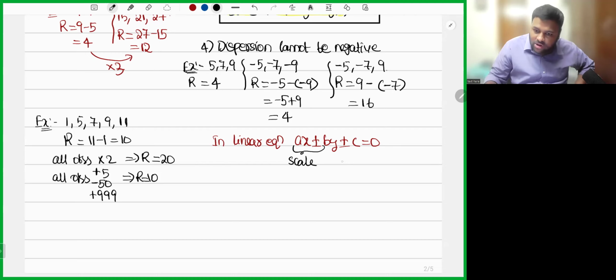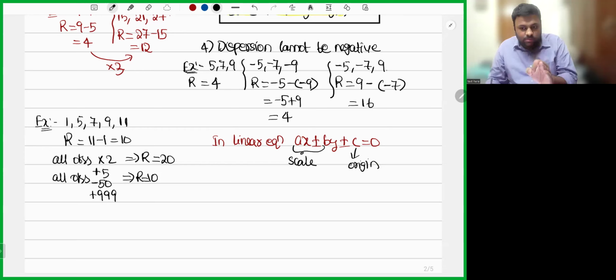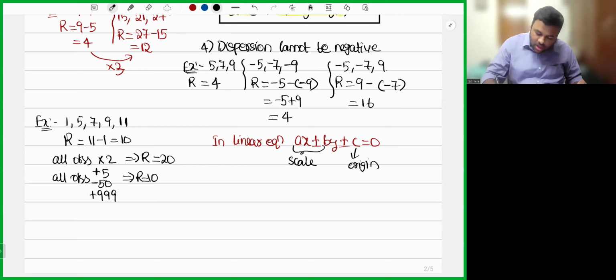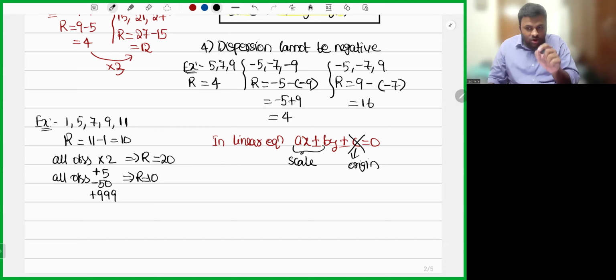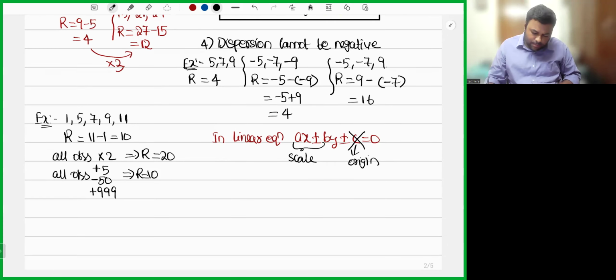This c is getting added or subtracted. That is called origin, right? Since dispersion is not affected by origin, while solving a linear equation, you will not take this c. You will solve the sum taking only ax plus or minus by. Let me give you an example.